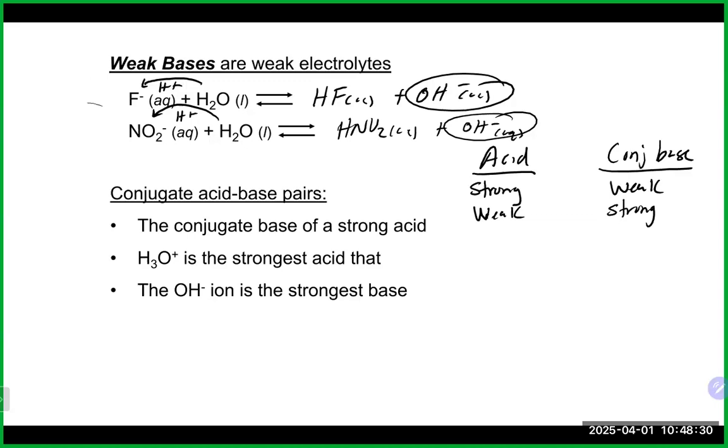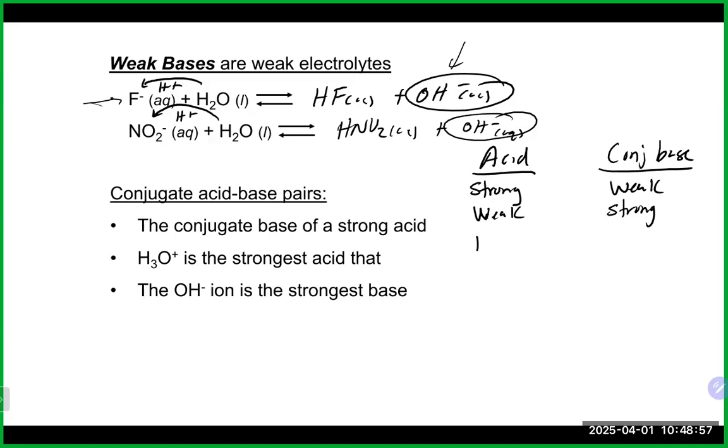For example, right there, that would be one. That is a conjugate base that's relatively strong in the sense that it will go through a hydrolysis reaction, which is it reacting with water. And as you can see, what it will do is form some hydroxide, which means you would consider this solution to be more basic, because that salt being there is going to continue to produce hydroxide, and that's going to affect the pH of that solution.